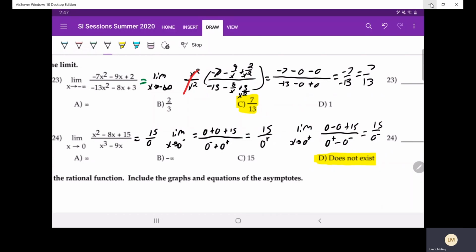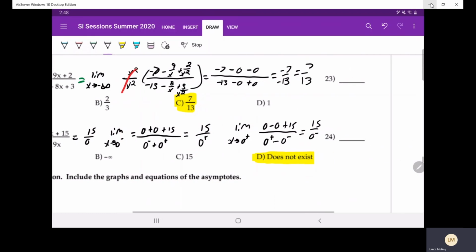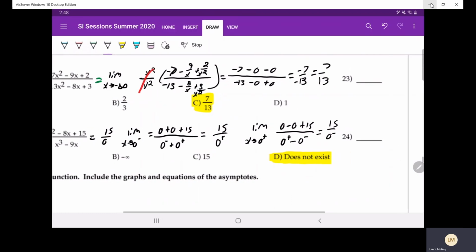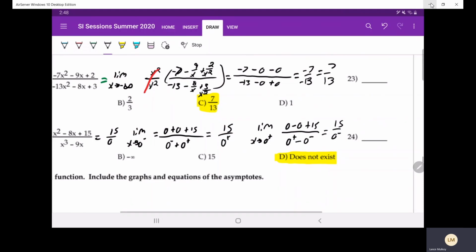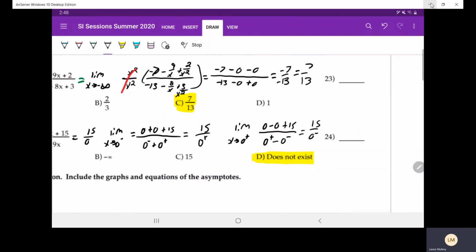So that 0 positive is going to beat out the 0 negative. Up here, the 15 beats out the zeros. When you're coming from the right, this one stays positive, and this x stays positive, but you have a negative sign right here. And again, this x to the single power, when you're dealing with small numbers, is going to be much, much larger than x cubed.